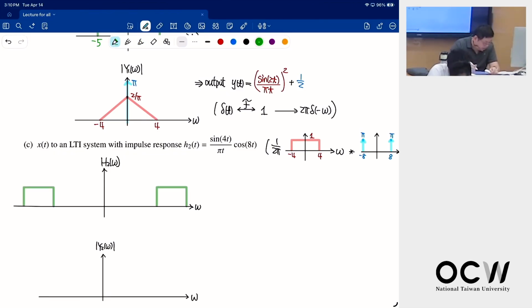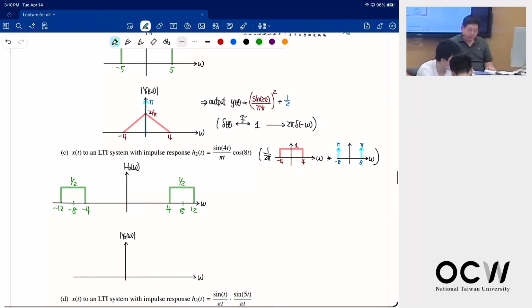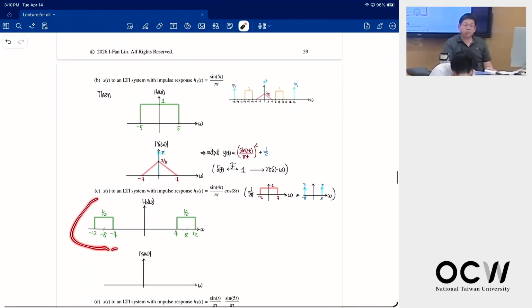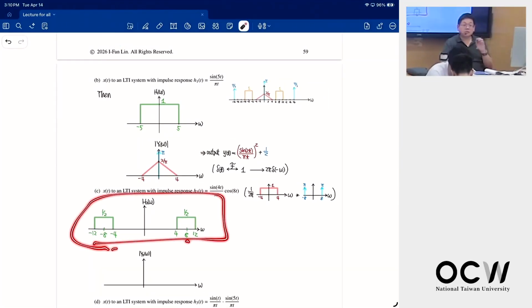So here it is from 4 to 12. Magnitude is 1/2, 1/2, and -12, -8, -4. All right, so this is my frequency response. What is the output response?